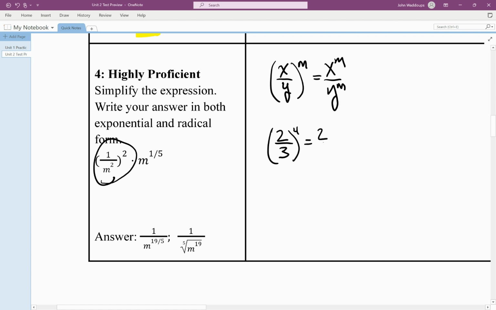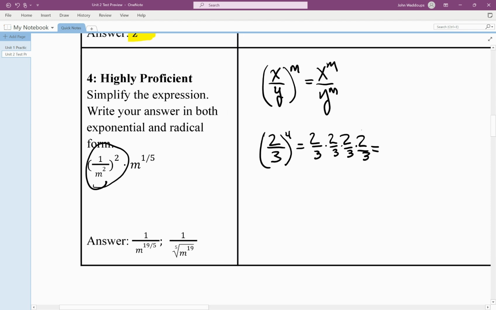That's the same as 2/3 times 2/3 times 2/3 times 2/3. And you can see there that I'm multiplying 2 by itself 4 times, and I'm multiplying 3 by itself 4 times, and so it's 2 to the fourth over 3 to the fourth, and that just helps to explain that this rule works.